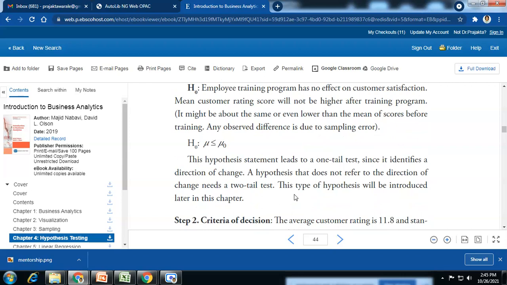You can also state the hypothesis in terms of numerical values, like the example I gave you: the mean profit level of the employees working in XYZ organization is 10,000. So in terms of values, you predict certain values and then try to prove or disprove your hypothesis.